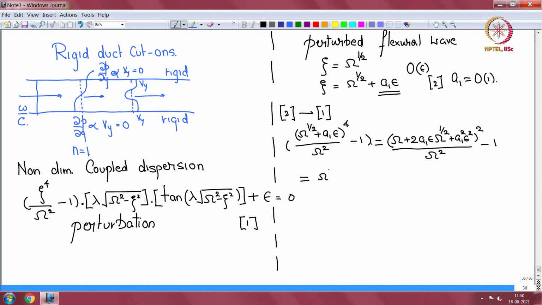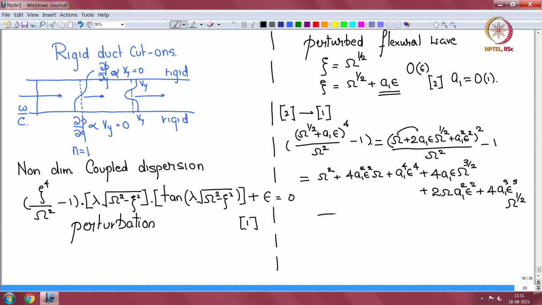So I have omega square plus 4 A1 square epsilon square omega plus A1 to the 4 epsilon to the 4, plus these two together 4 A1 epsilon omega to the power 3 halves, plus twice omega A1 square epsilon square, plus 4 times A1 cube epsilon cube omega to the power half.